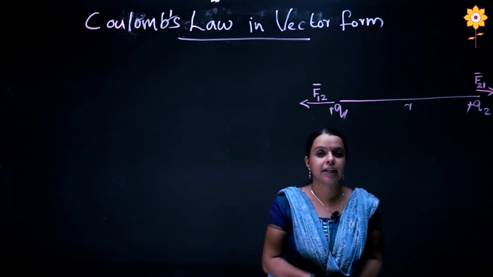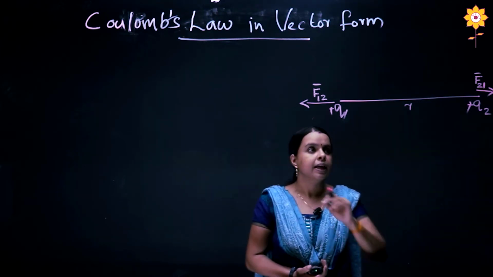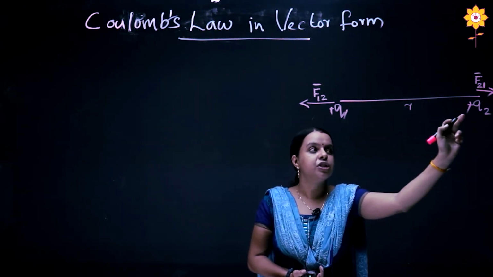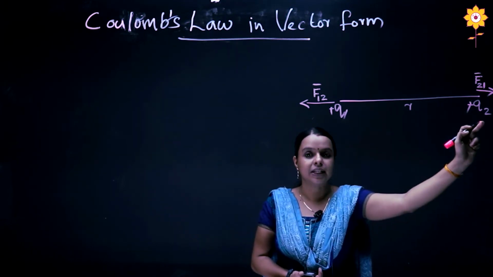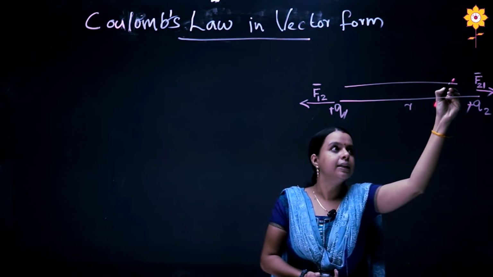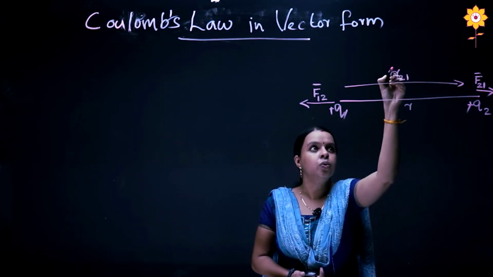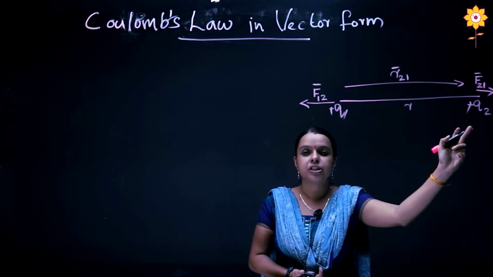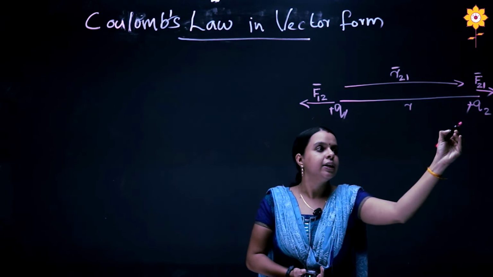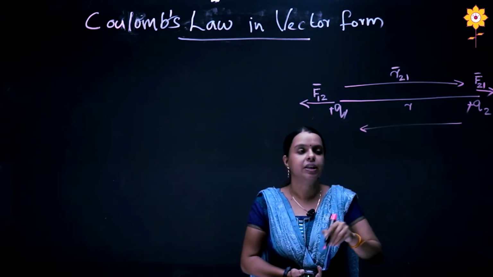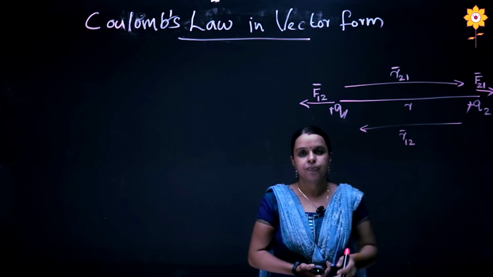And what about the direction of the position vector? The position vector from the first charge to the second charge will be in this direction. It can be represented by r21. The position vector from the second charge to the first charge will have the direction here. It can be represented by r12.